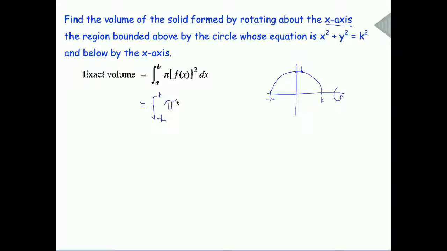of pi times our function squared, dx, and our function is f of x, so we actually want to solve in terms of x, so we want to solve for y.